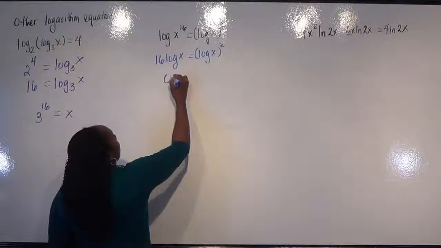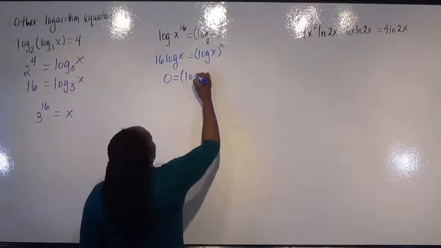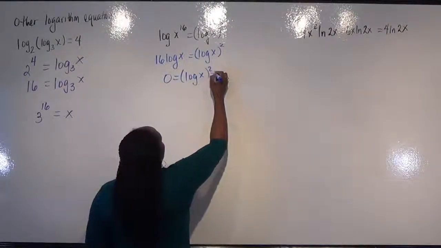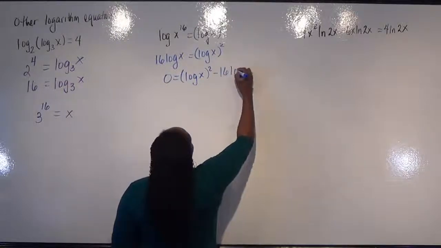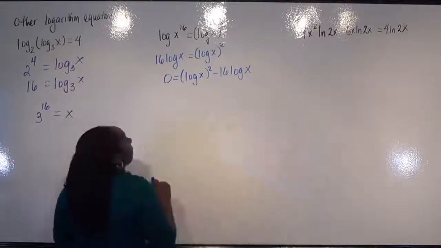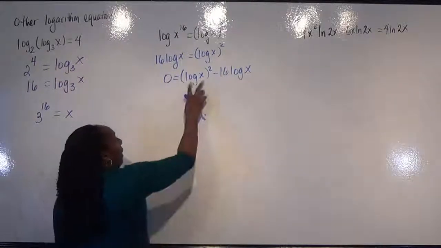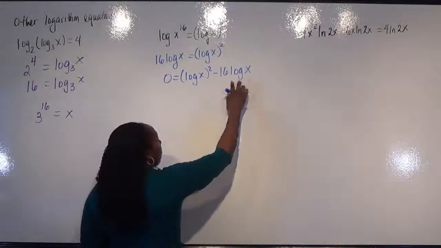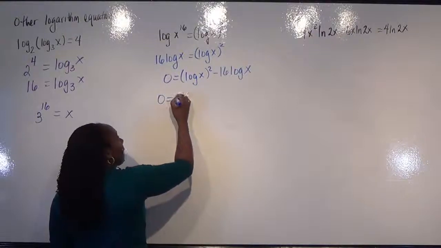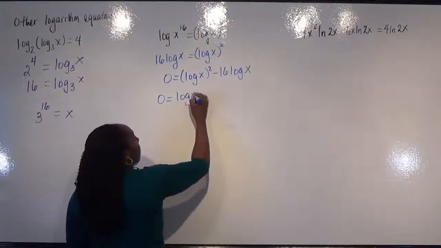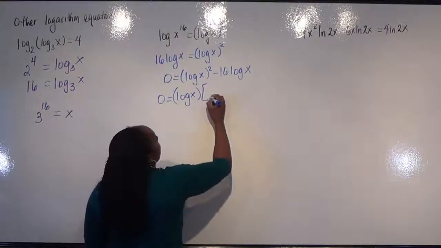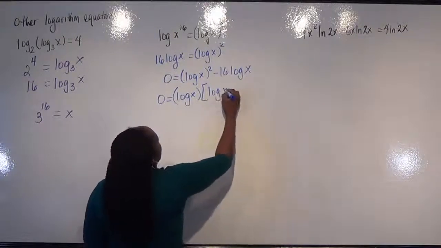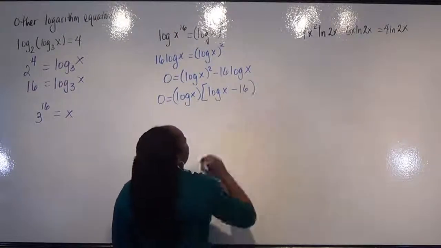Okay? I'm going to rewrite it a little more so that maybe it's a little easier to see. Okay? So now I have a logarithm that's squared and a logarithm to the first power, so I can actually factor out a log of x. And then what's left over is a log of x minus 16.